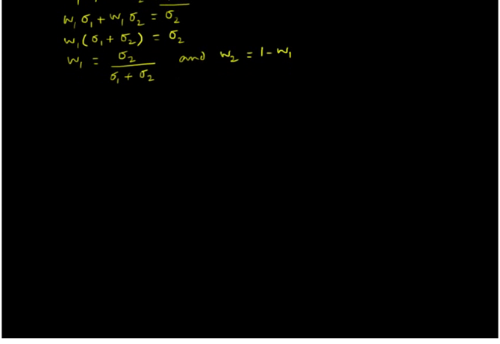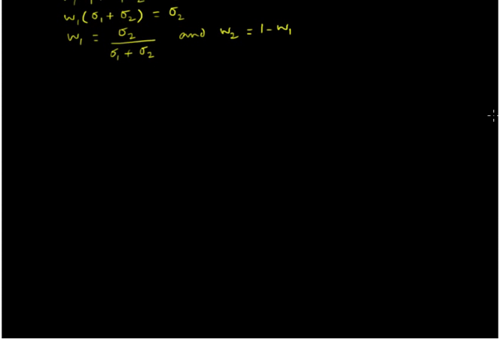Let us move to the third possibility. In reality, it is not likely that we are going to find two assets whose returns are perfectly positively or perfectly negatively correlated. Therefore, when the correlation between the returns of two assets is between -1 and +1, the standard deviation of the portfolio will have to be this.